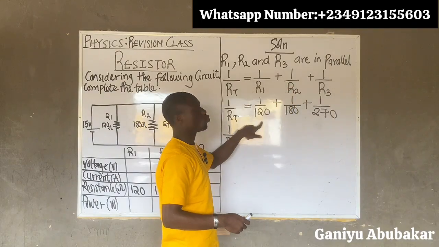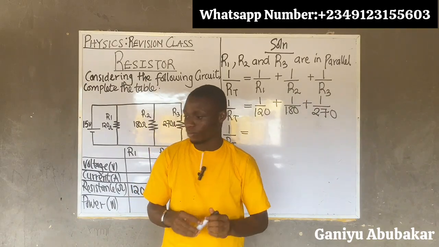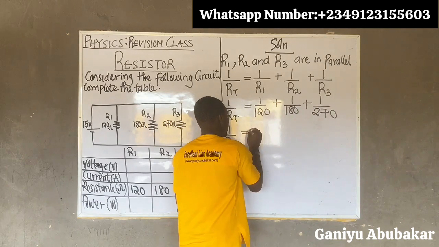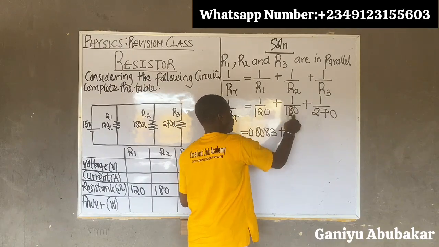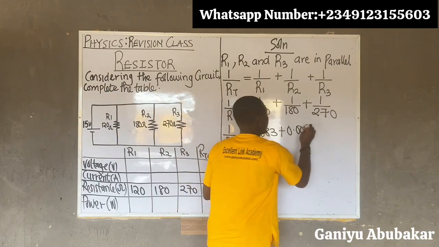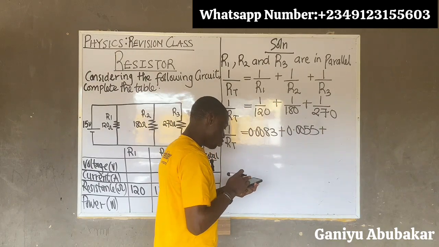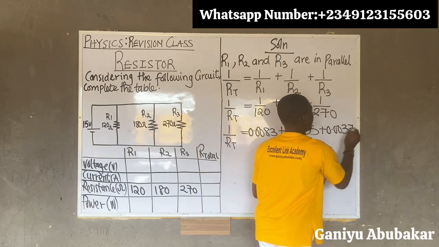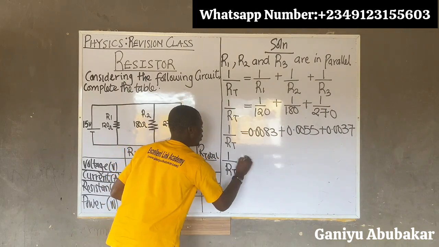Punch the calculator, get the values, and let's see what we get. 1 divided by 120 gives about 0.0083, plus 1 divided by 180, which gives 0.0055, plus 1 divided by 270, which gives 0.0037.